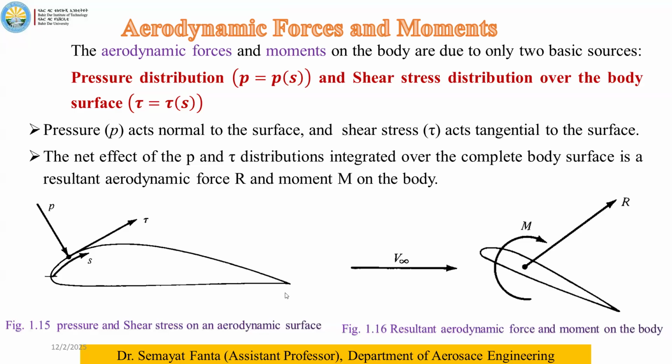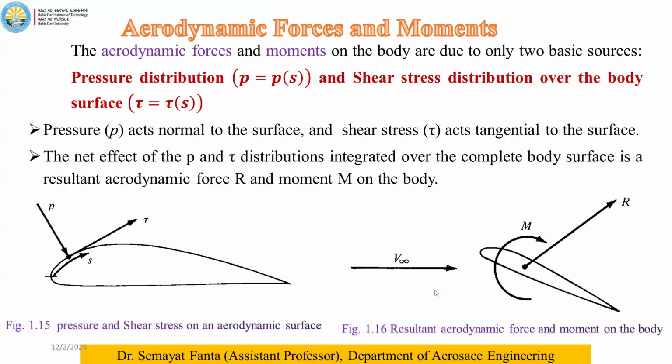That gives us the lift force. And the component of shear along the x direction, or the longitudinal direction, gives us the drag force. So by doing that, we can find our drag and lift forces.